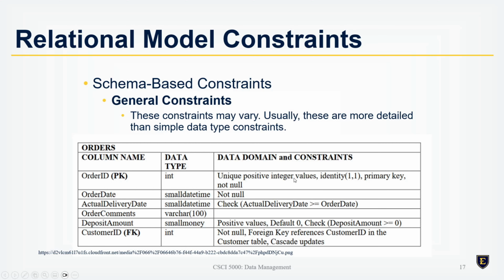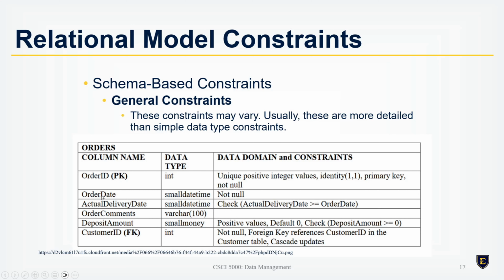But there are other constraints that we have to put on it. Unique positive integer values, it's an identity that starts at 1 and increments by 1. It's the primary key. So that also enforces the entity integrity, and it's not null, which also, again, enforces entity integrity.